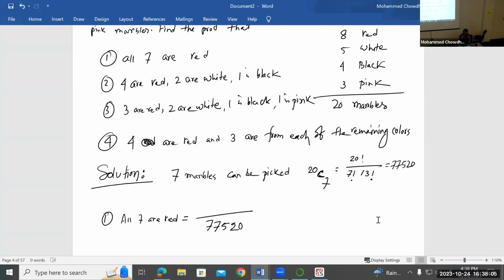Denominator will be 77520. In the numerator, it will be only red marbles, 7 red marbles.